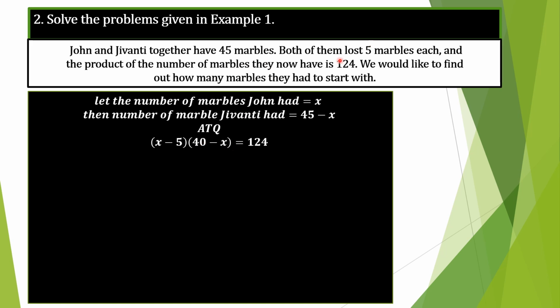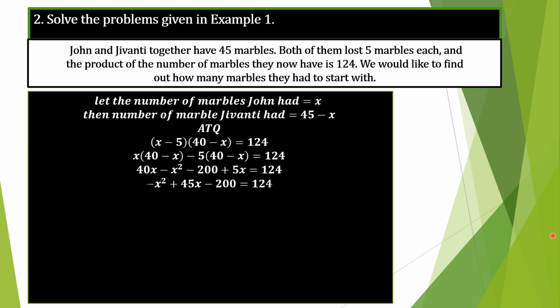And according to the question, the product will be equal to 124. So this is the equation. We'll simplify it, right? And we'll get a quadratic equation. That's the quadratic equation. Now again, the sum should be 45 and the product should be 324.